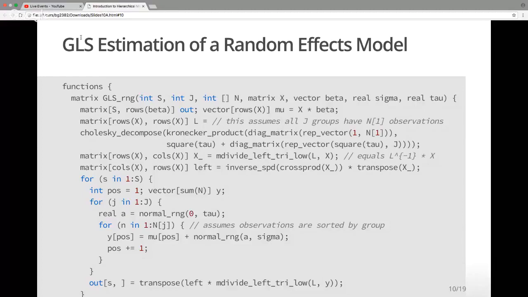And so if you then multiply your matrix X by the Cholesky factor of that error covariance matrix, so this mdivide_left_tri_low is the same as L inverse times X, where L is the Cholesky factor of that covariance matrix, then you get a new X that you can then do new X transpose, new X inverse, multiplied by new X transpose to get the left-hand side of the thing on the left.